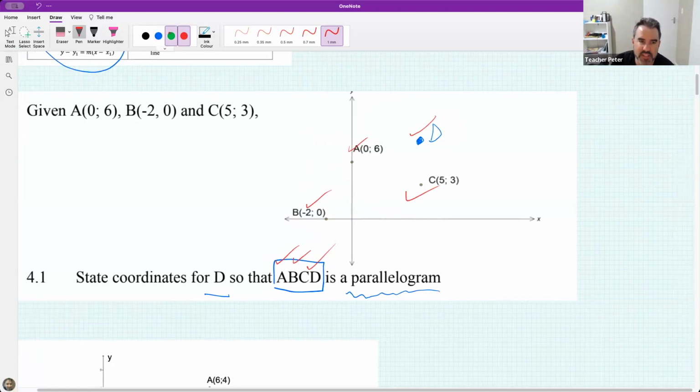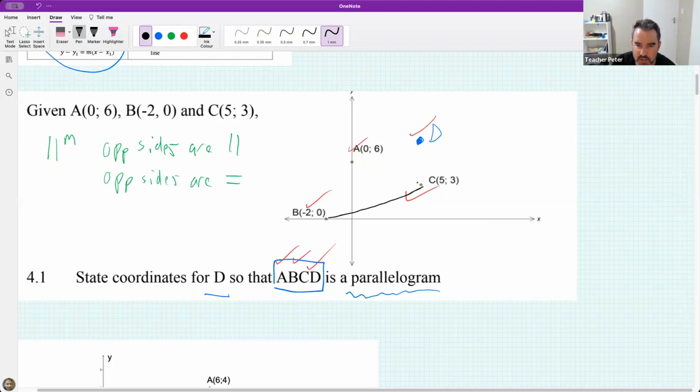Now, one of the properties of a parallelogram is that opposite sides are parallel and opposite sides are equal. So in some ways, if you had to imagine, I know this is not the greatest drawing in the world, but this parallelogram I'm trying to figure out, I don't know what D is, but I'm going to assign it the coordinate XY because that's what I'm trying to figure out.